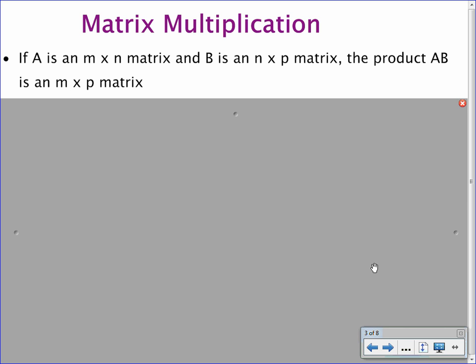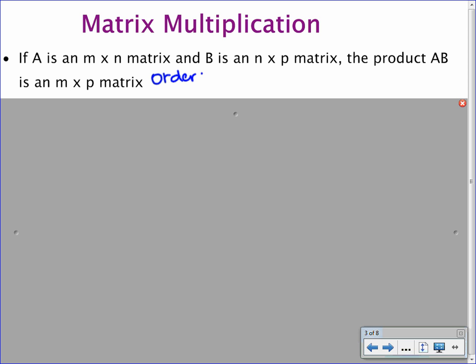First of all, if A is m by n and B is n by p, then we can multiply them and our result, our product, will have an order of m by p.